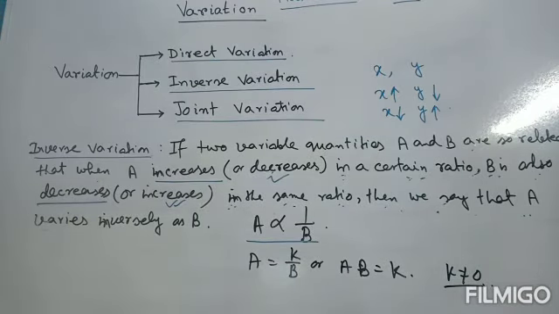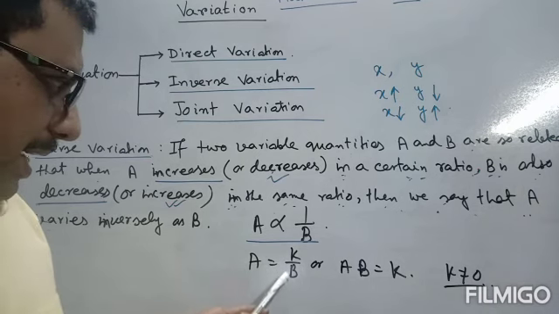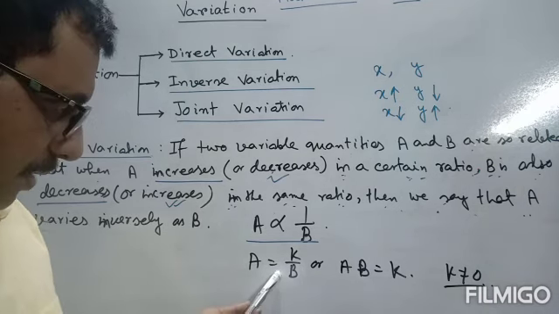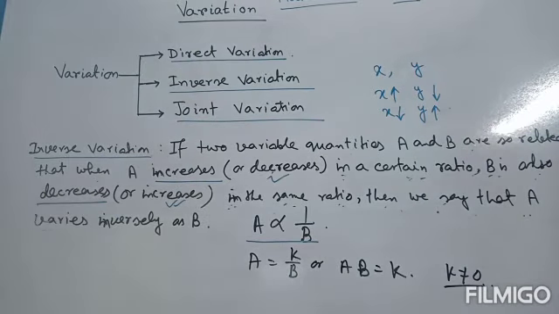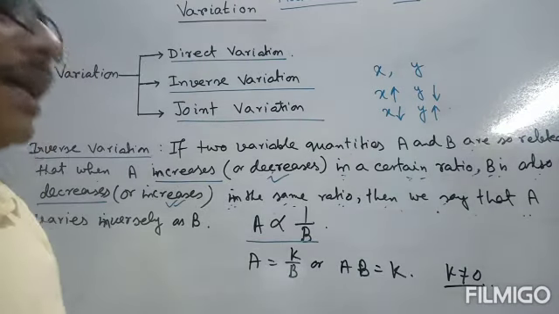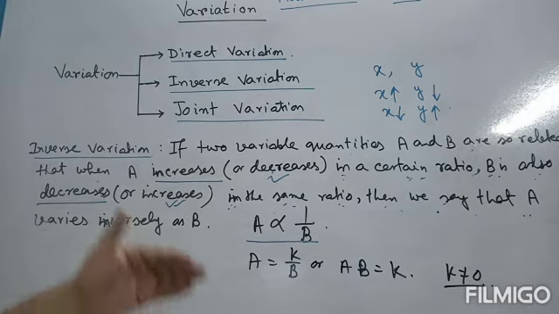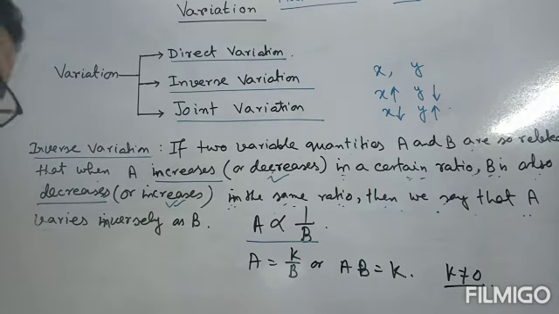So like the previous one, a is equal to k times 1 by b, that is, ab is equal to constant, where k is a non-zero constant. Not only that, k is called the constant of variation in this case also.